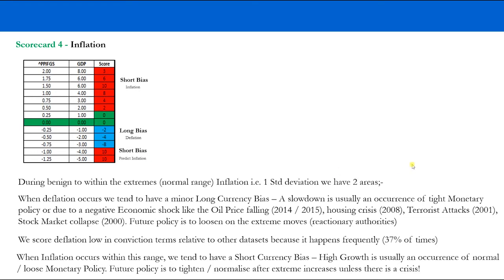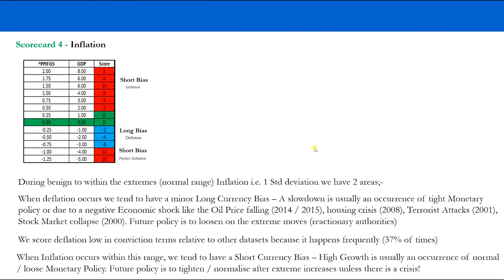And it's very similar to CPI and other previous scorecards in that during the benign circumstances, so within the extremes, the normal range, when inflation is within one standard deviation, we have two main areas. So we have our deflationary area.